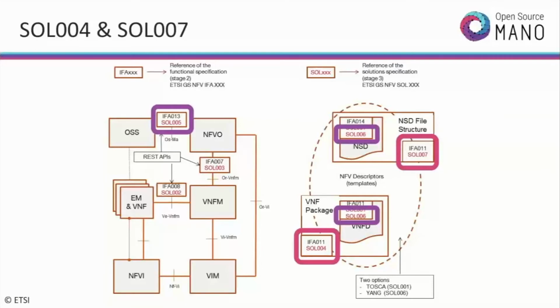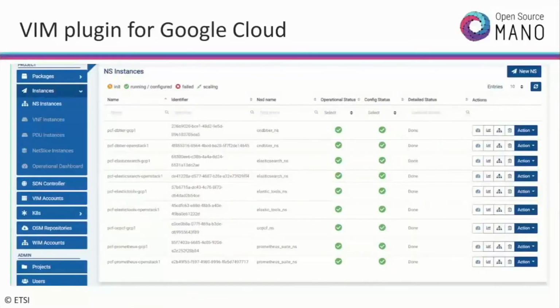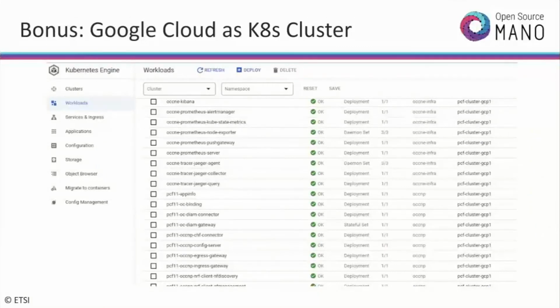Next, I'd like to talk about our VIM plugin for Google Cloud. So here we can see a snapshot of OSM, where it's actually running a bunch of network services in Google Cloud. So the full life cycle of virtual machines in Google Cloud is taken care of, as well as something that I'd like to point out with the next slide, a little bit of a bonus, that is Google Cloud is a Kubernetes cluster.